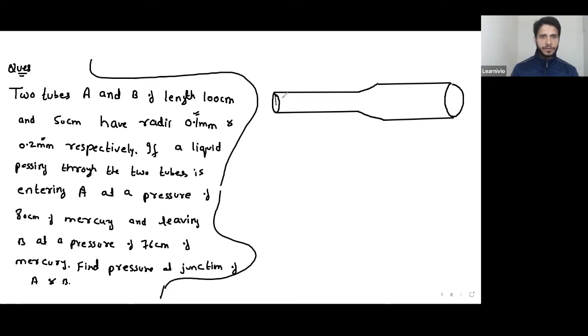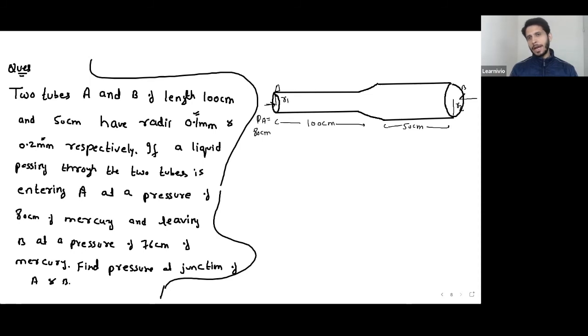this is the radius of the first pipe, that's R1. This is the radius of the second pipe, which is R2. The length of the first pipe is 100 centimeter and the length of the second pipe is just 50 centimeter. This is A and this is B. So the pressure at this end is PA, which is 80 centimeter of mercury.